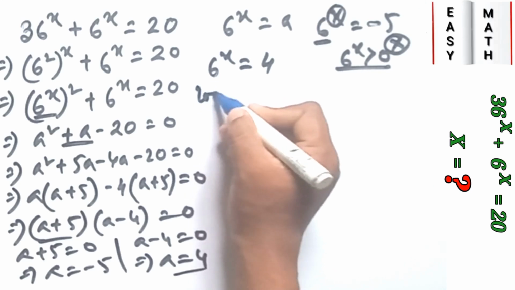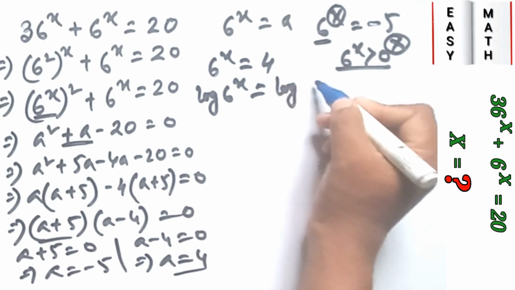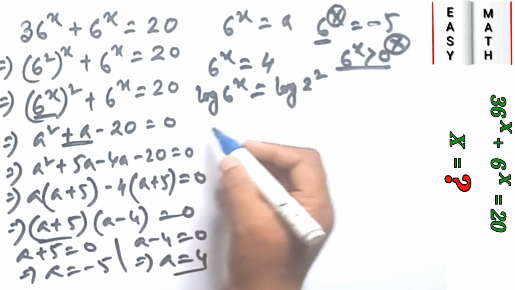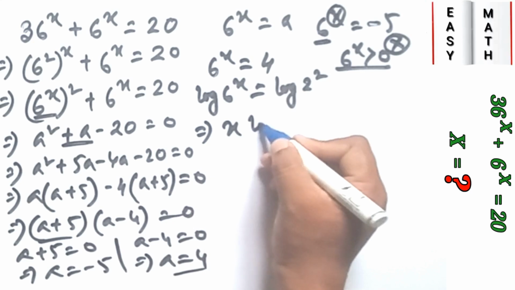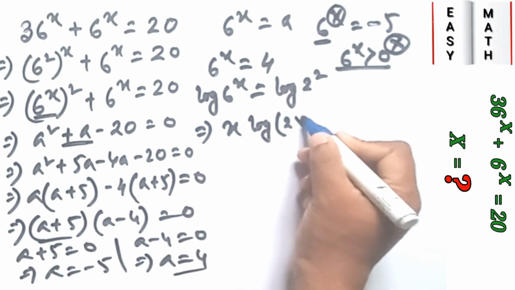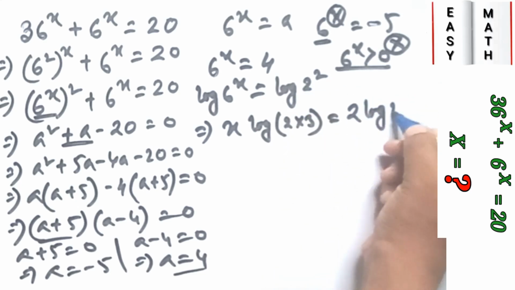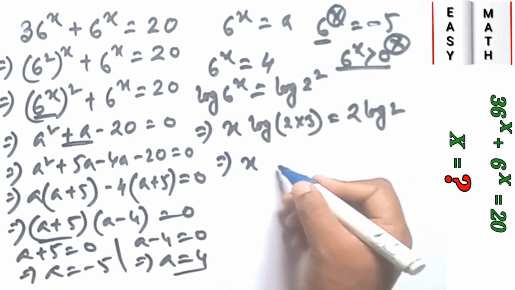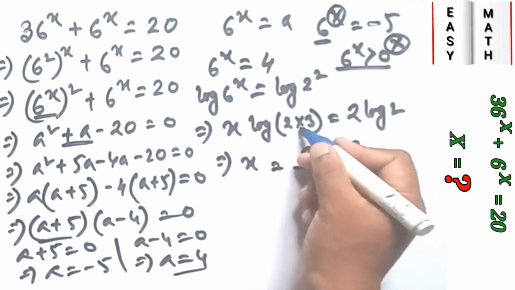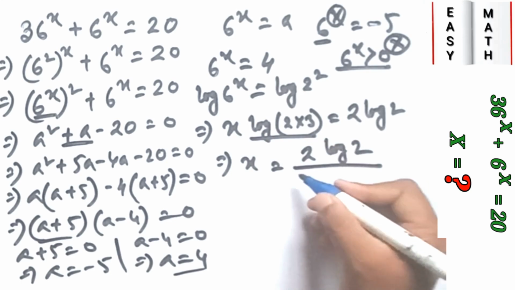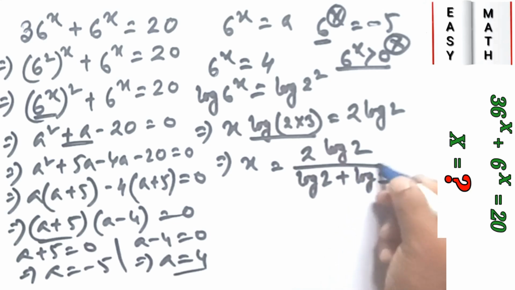Now take the log of 6^x equals 4. Log 4, 4 is equal to 2 square, and there is the x, and log 6 we can write as log 2 into 3, this is the, we can write 2 log 2, and now the x is equal to 2 log 2 over log 2 plus log 3.